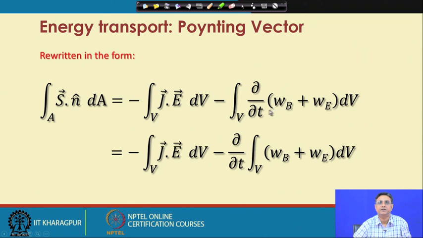Just now we have seen that del del T of W B and W E dV is the translated form of the individual variation of the electric and magnetic fields. So, we can write this equation. If you take del del T outside the integral, then it represents the total energy density associated with the magnetic field and electric field over this volume, and del del T of that is the rate of change.